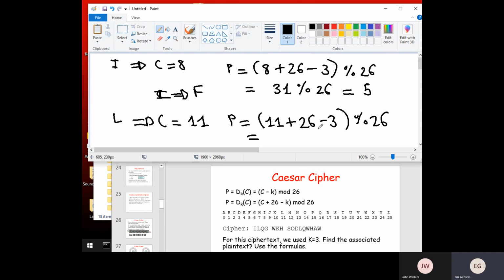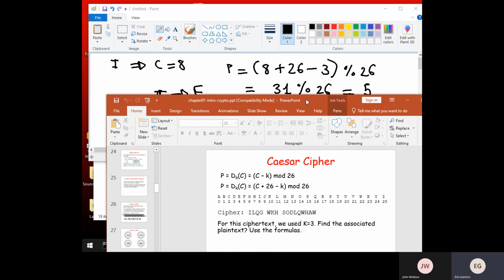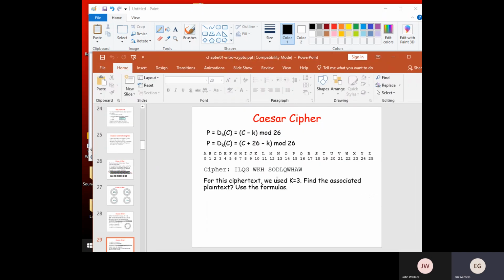So 11 plus 26 will be 37. 37 minus 3 will be 34. 34 modulus 26 will be what? 8, isn't it? And I look here, 8 is an I. So we have FI at the beginning, isn't it? So if you keep doing it, it will be find the secret.